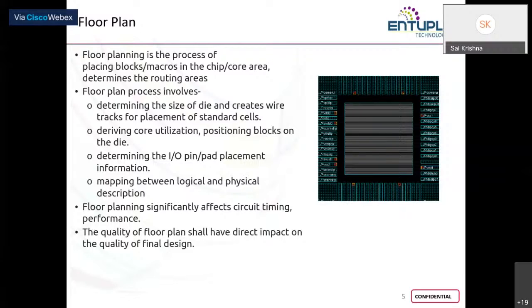But from one block to another block, there are tens or hundreds of pins, and placing the macro is so important that the way you place the macro defines the length between the pins of the macro to that of the standard cells or the gates connected.